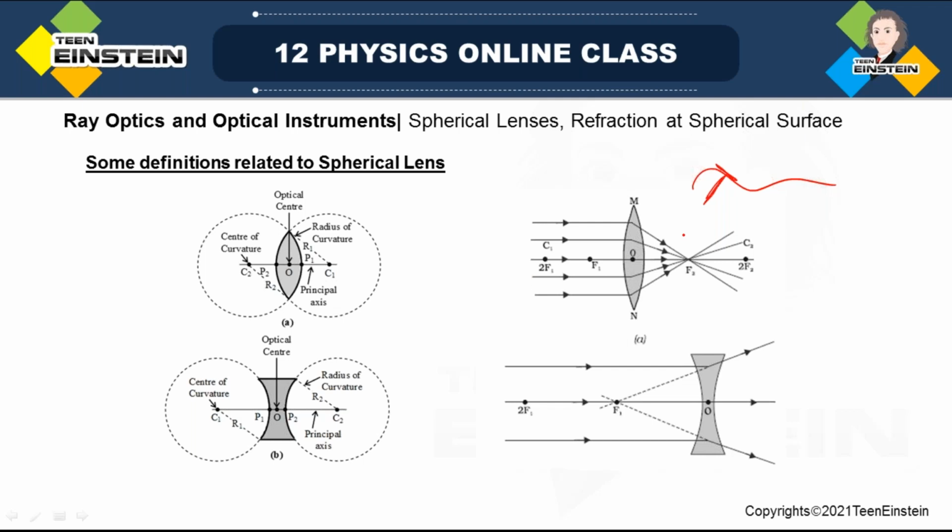Since these are curved surfaces, you draw a tangent at any point and find the normal to it, and that will act as the normal. So in this case, the radius of curvature is the normal to any point on the spherical surfaces.